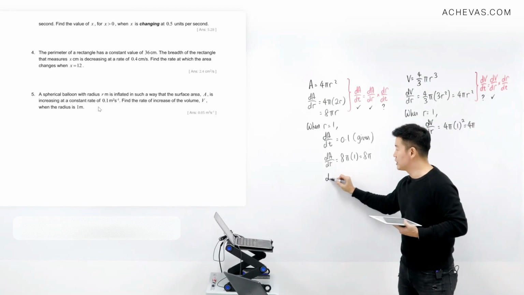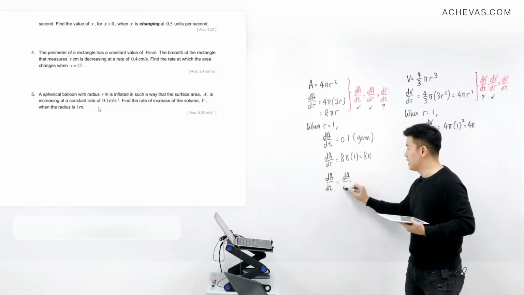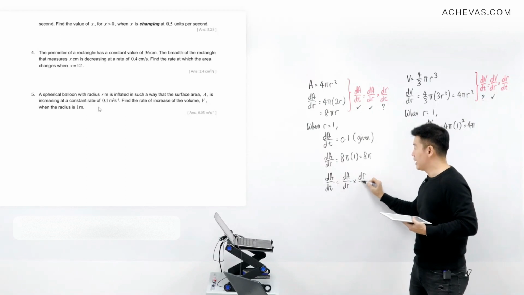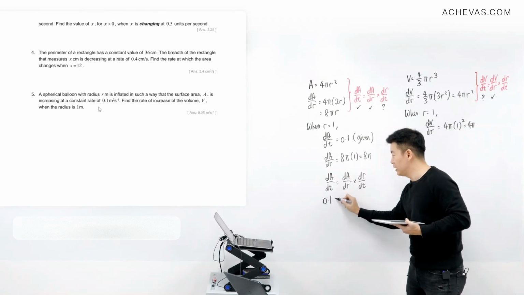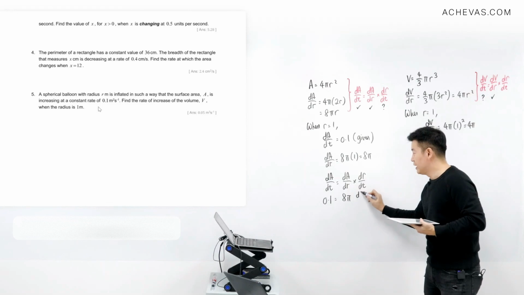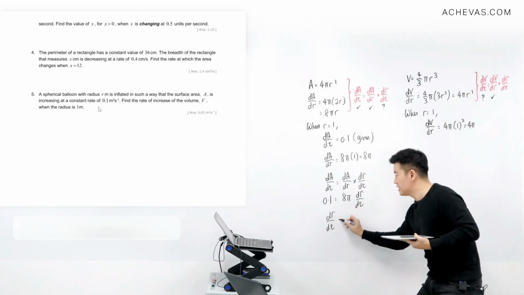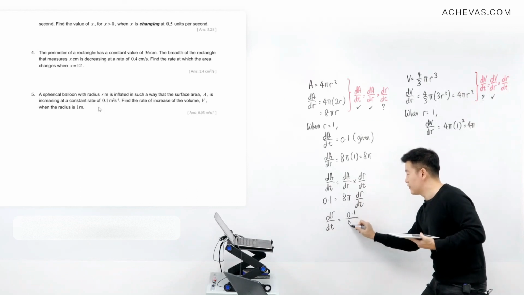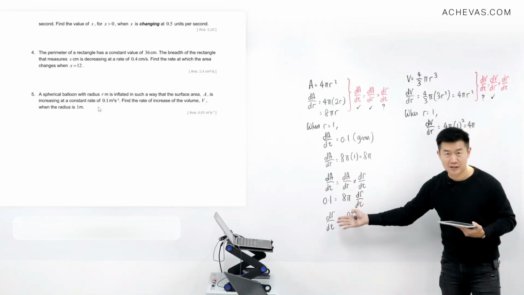Quoting the rate of change equation, dA/dt is equal to dA/dr multiplied by dr/dt. dA/dt is 0.1, and dA/dr is 8π, so dr/dt is equal to 0.1 divided by 8π. And now I have the quantity dr/dt.